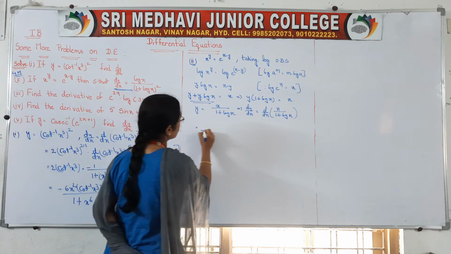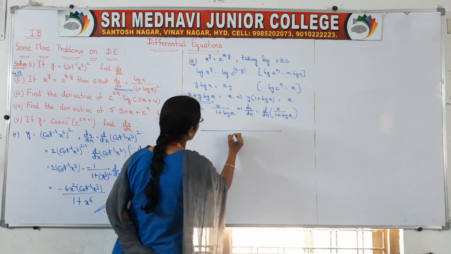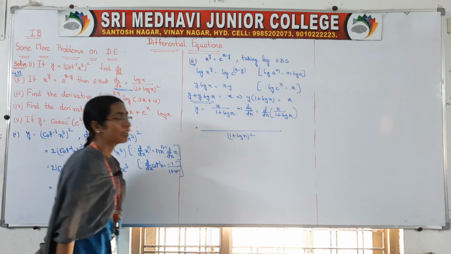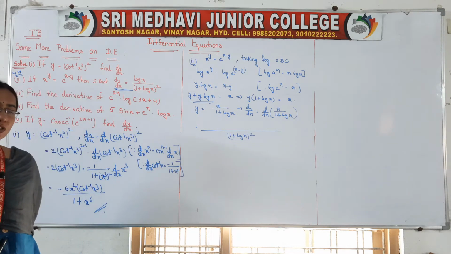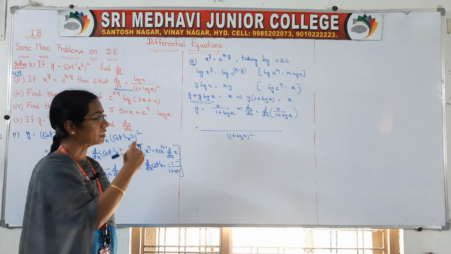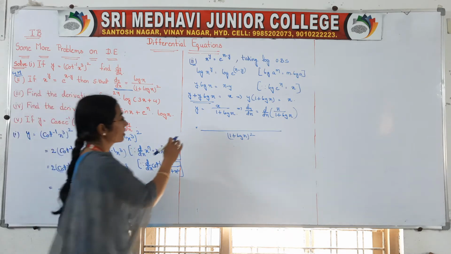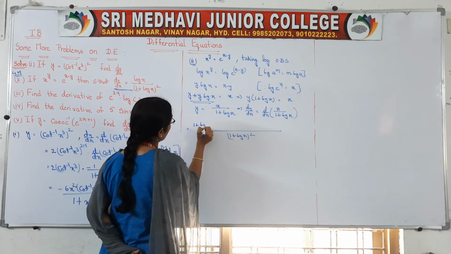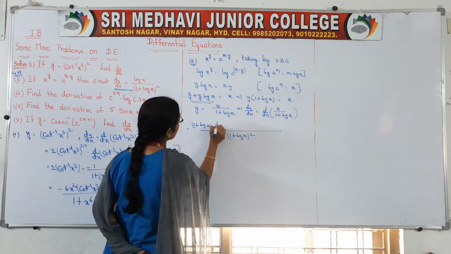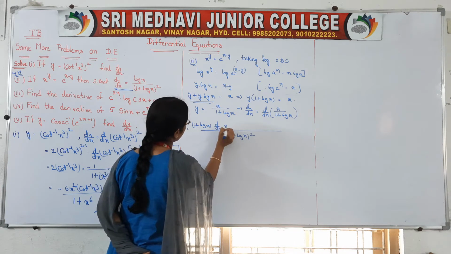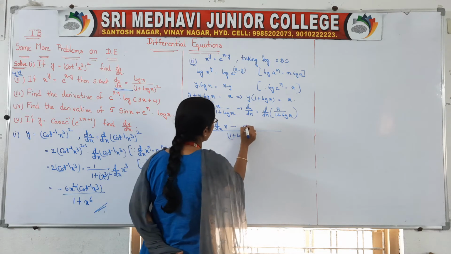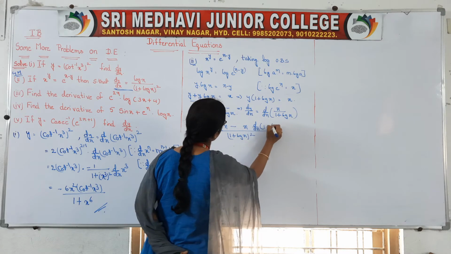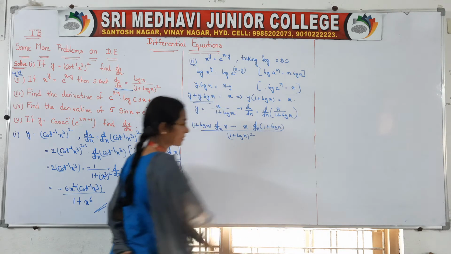So is equal to, what happens to your value? 1 plus log x whole square. Already quotient form we applied so many times, u by v downwards, v square upwards, isn't it? What is that? 1 plus log x into d by dx of x minus x into d by dx of 1 plus log x.